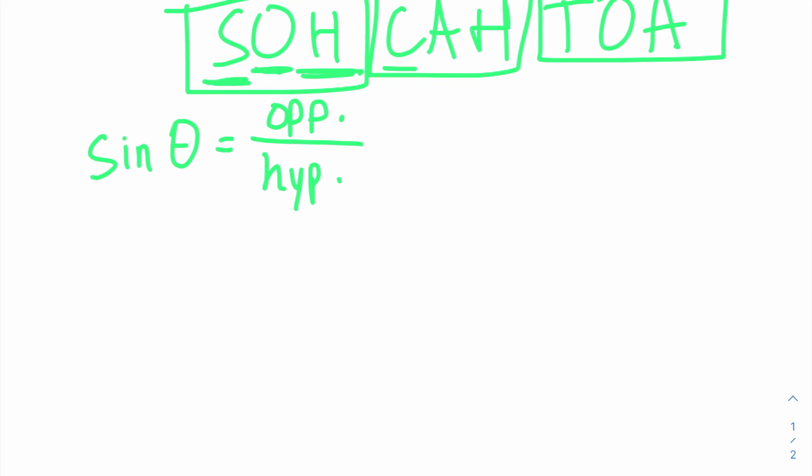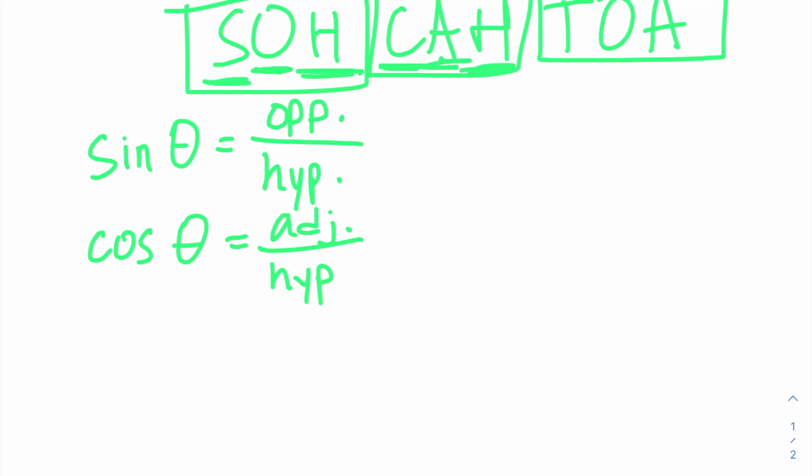The C in CAH stands for cosine. The A stands for adjacent. And the H stands for hypotenuse. The T in TOA stands for tangent. The O stands for opposite.